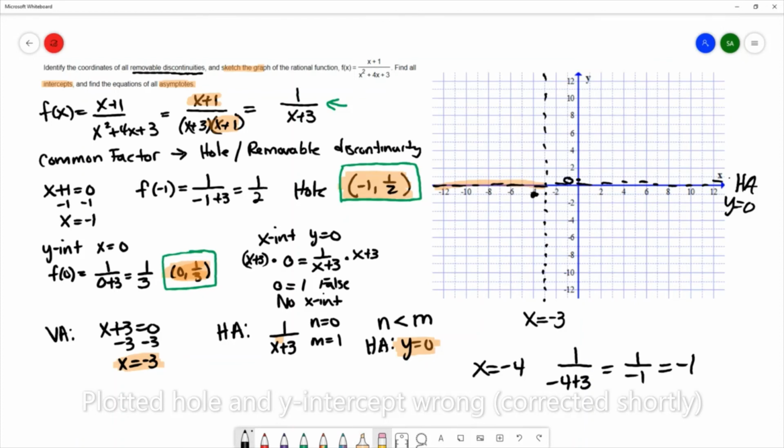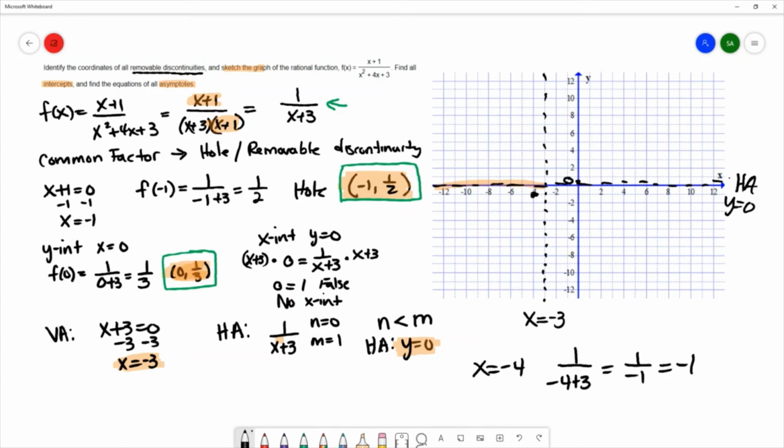Let me see if I can do a better job on that. 1/3 should be below 1/2. Okay, so I've made those corrections.